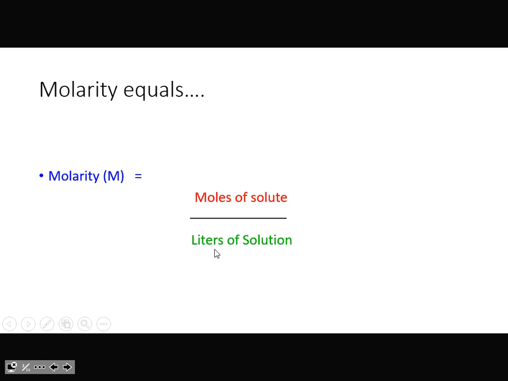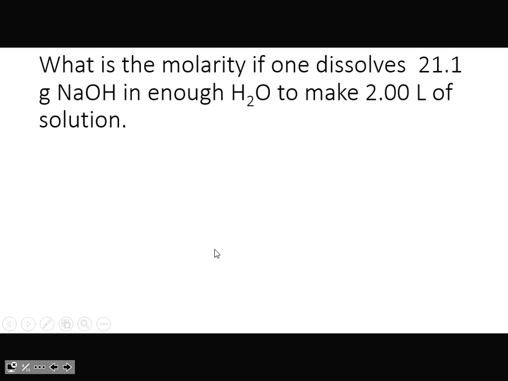Let's jump right in. I'm going to work 2 examples, and then I want you to do 2 examples on your own and play the video to see if you got them right. Let's start with this one. Take a second, pause the video, and write the question down in your notes. What is the molarity if one dissolves 21.1 grams of sodium hydroxide in enough water to make 2 liters of solution?